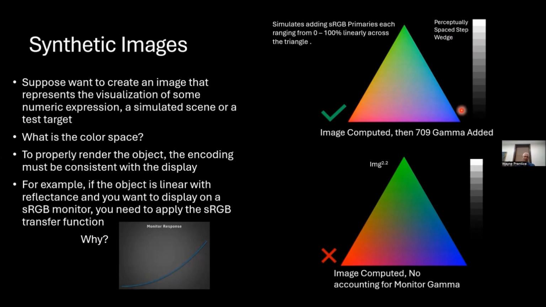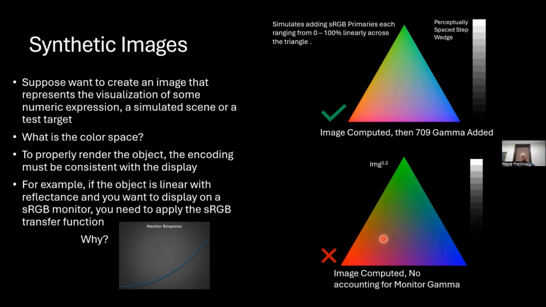Again, I computed that and applied the gamma curve to that. Well, what happens if I just say, well, the heck with that, I'm just going to display what's right in my buffer? You get this, which is clearly not equally spaced step wedges, and you get this, which may look more aesthetically interesting, but it doesn't represent a linear mixture of the colors throughout the gamut.